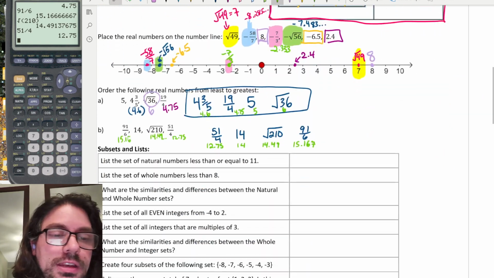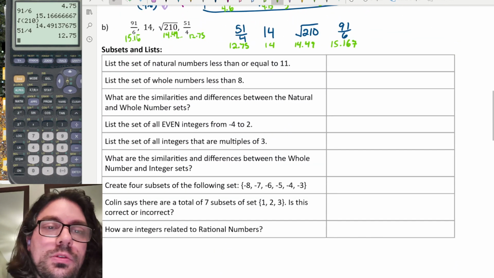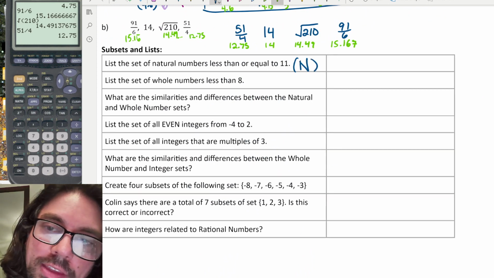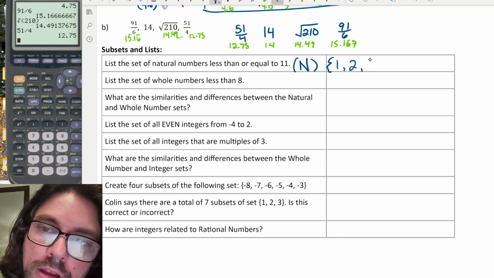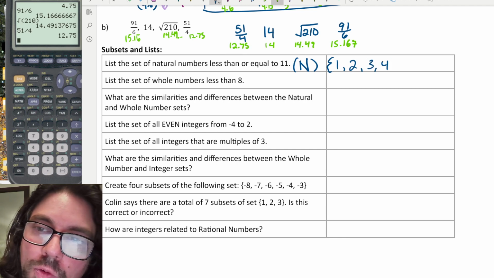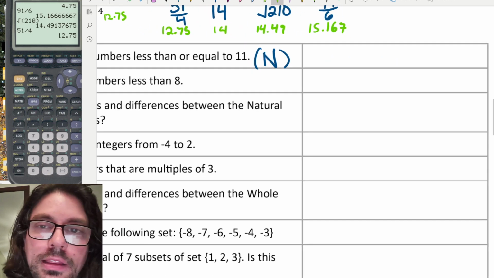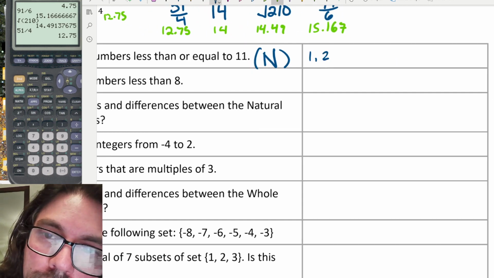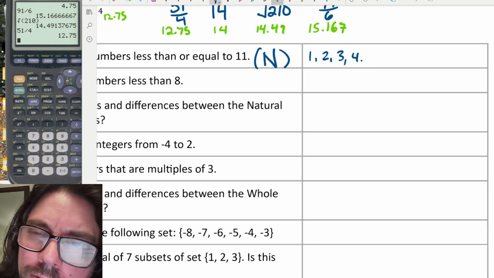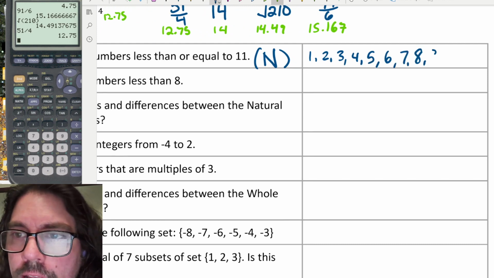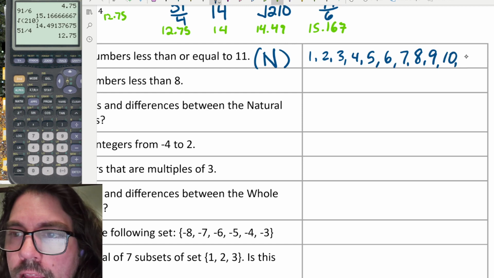So if we want all the natural numbers that are less than or equal to 11, that would be the natural numbers n, and again, they start at 1, and then 2, and then 3, 4, 5. We have to get to 11. I'm writing too big. Let's try that. 1, 2, 3, 4, 5, 6, 7, 8, 9, 10, 11.